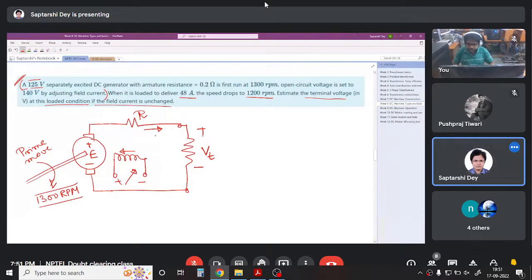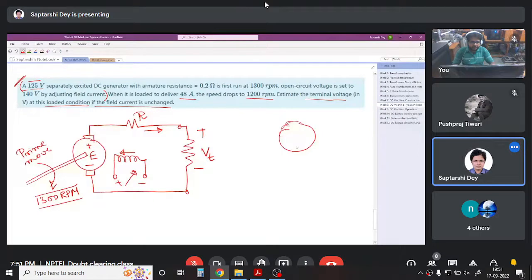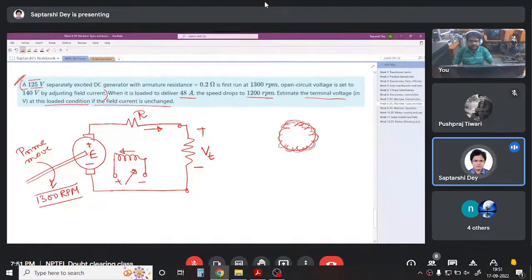Anyway, see, the thing is, I told you this resistance is not something that we connect, or something that we can see. There is a long armature winding. This is the armature and the coils are wound around it. This whole distributed resistance is the armature resistance, which we estimate experimentally and draw in our circuit.